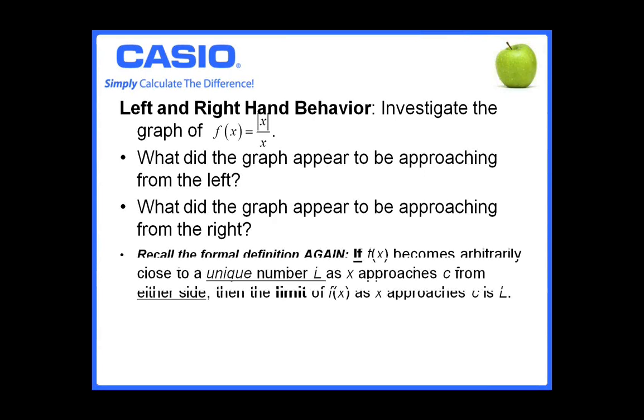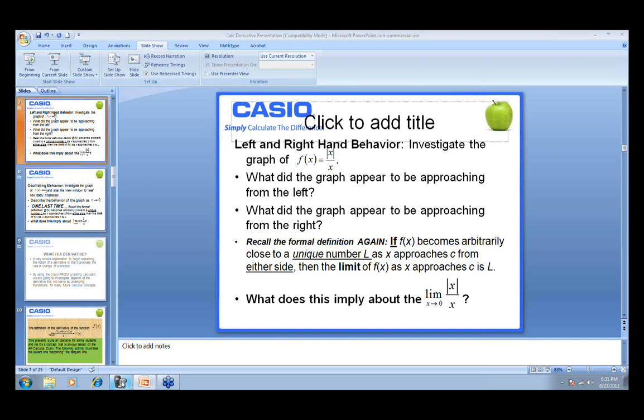The formal definition says if f of x becomes arbitrarily close to a unique number L as x approaches c from either side, then the limit of f of x as x approaches c is L. I believe it's important to keep re-emphasizing the formal definition every time a limit fails to exist, so that they really memorize that definition.